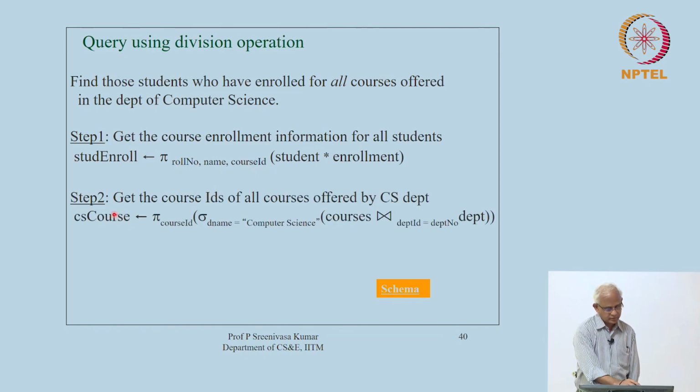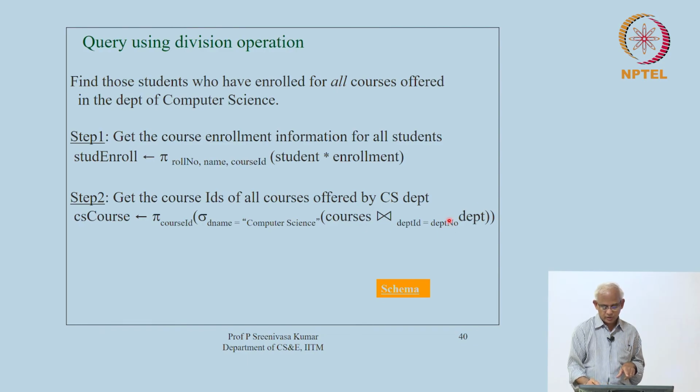And then in the second step, we are getting the course IDs of all courses offered by the computer science department. How can you get that? It is very simple. We take the courses and the department and do a join saying that department ID should be same as department number. In the courses, we have a department ID attribute as to what is the offering department, and in the department we have department number.